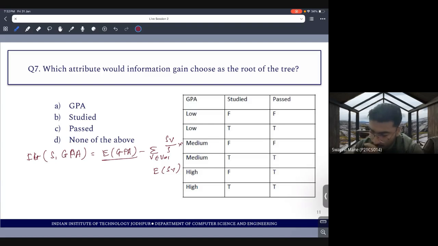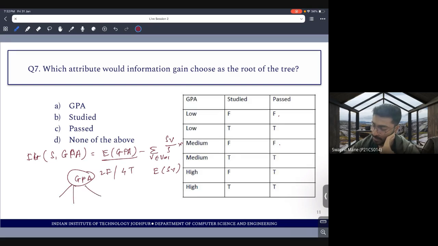How are we calculating the entropy? If we are splitting on the GPA, what is the total number of passed and failed? Failed and passed, which is 2F and 4T, right?